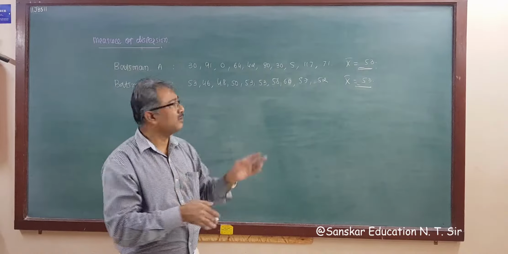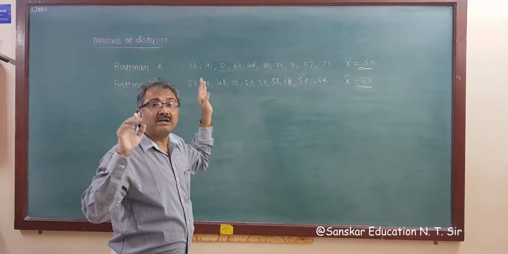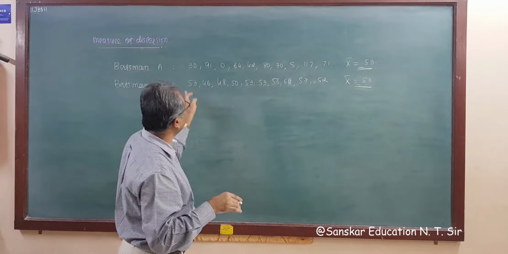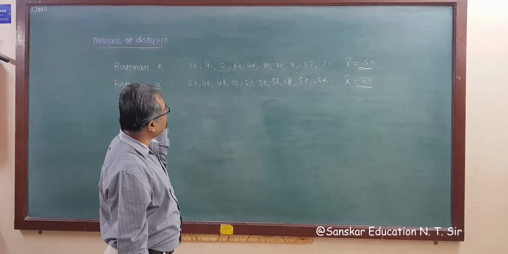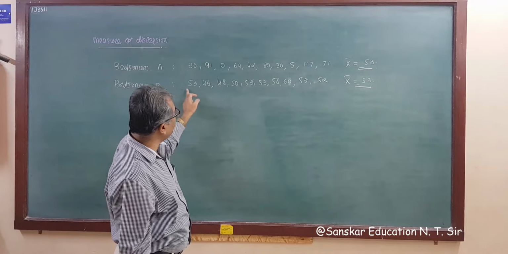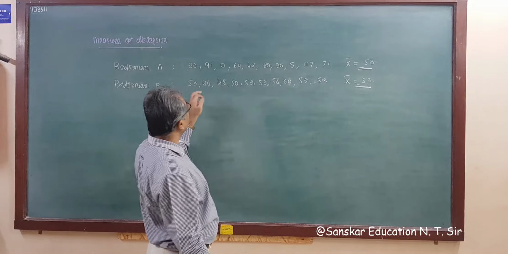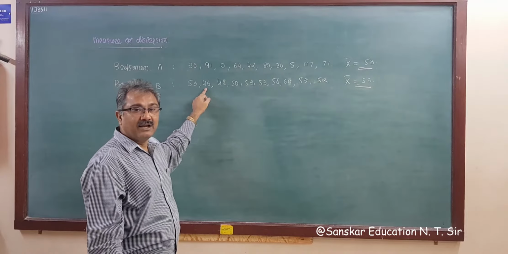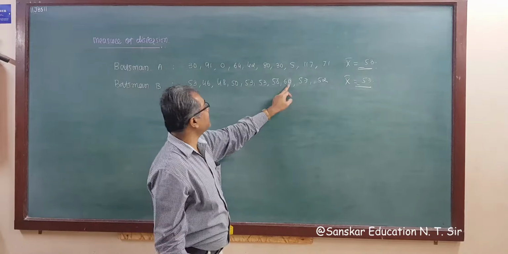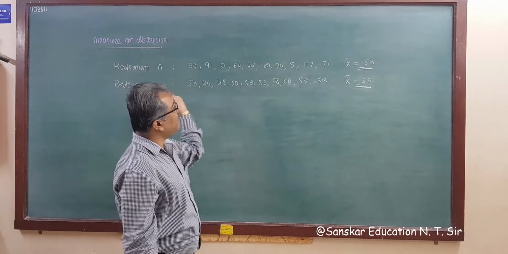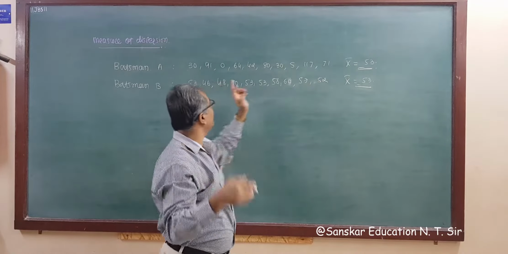The performance of batsman A is not consistent. Batsman B is a consistent player. The maximum score for batsman B is 60 and the minimum is 46.